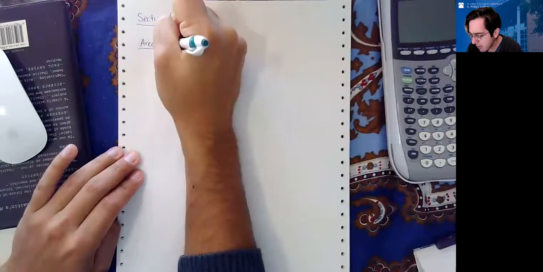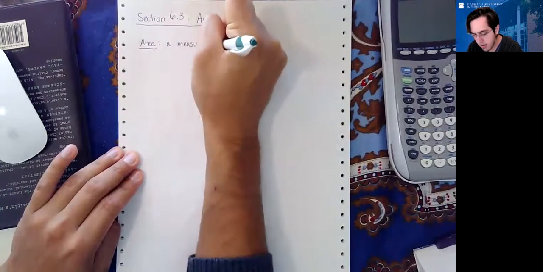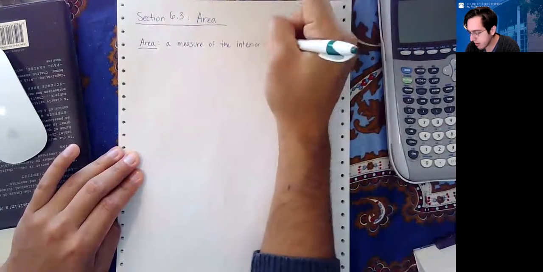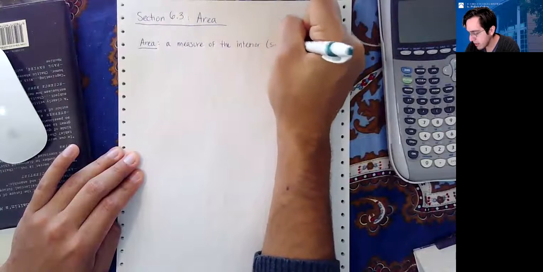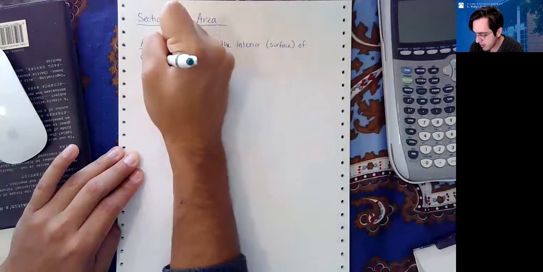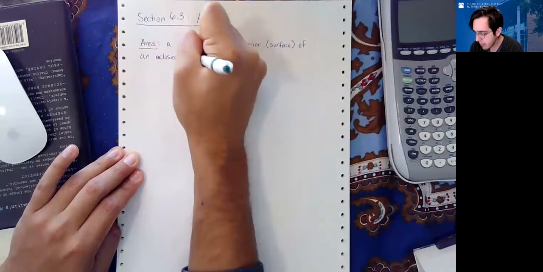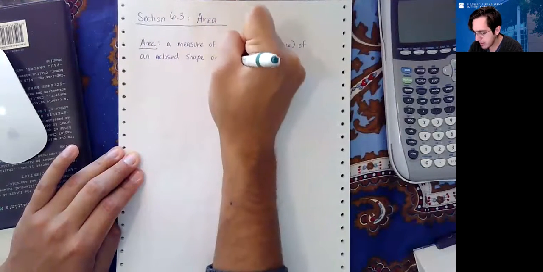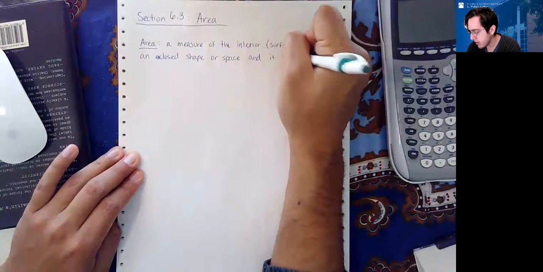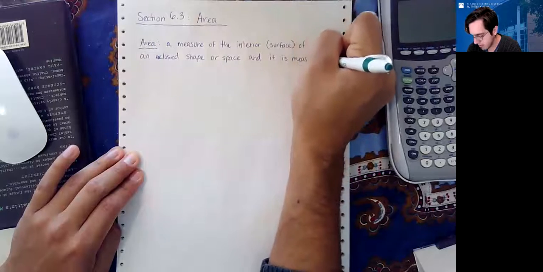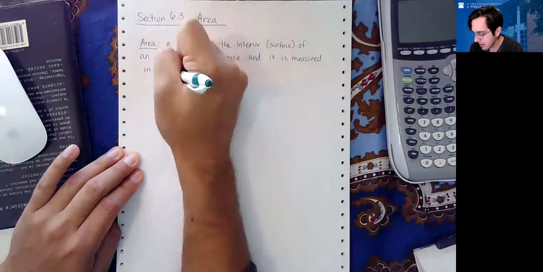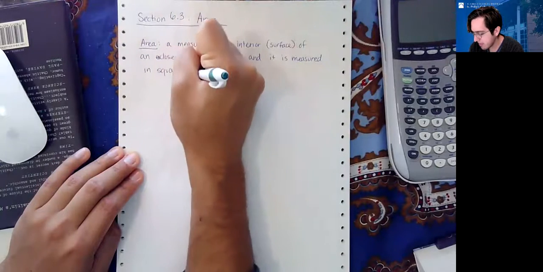So area is a measure of the interior, and you might call it the interior surface of an enclosed shape or space. And area is measured in square units. Does that say enclosed or just closed? It says enclosed. Okay.